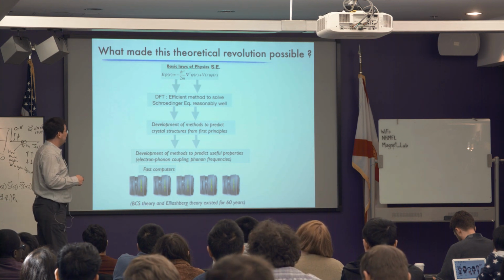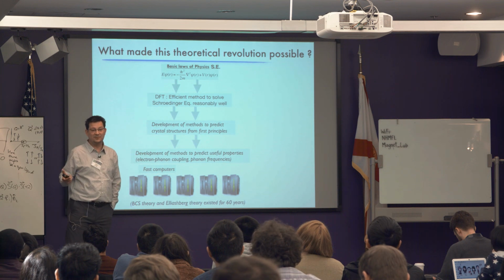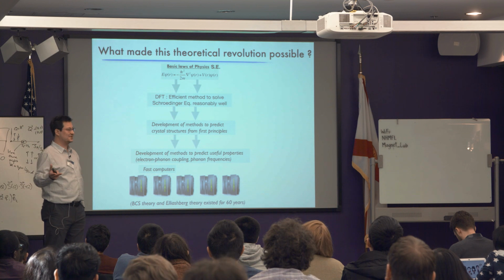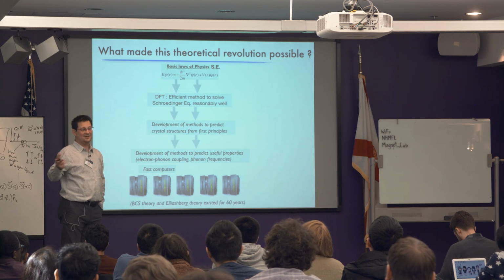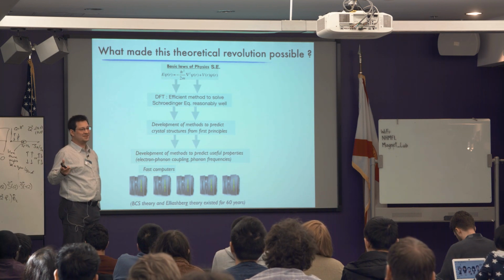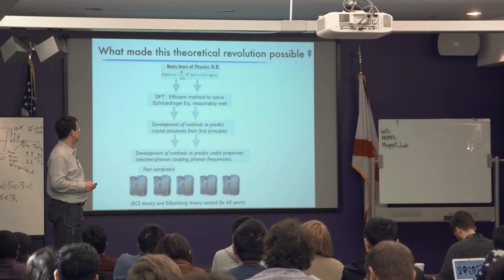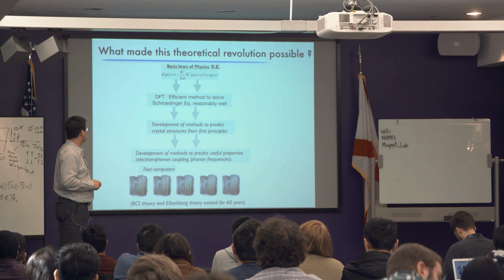Well, the basic law of physics, the Schrödinger equation, is known from the 1920s, isn't it? Dirac famously said that all the laws of physics are now known. The entire quantum chemistry and solid-state physics could be solved if we had a good idea how to solve these equations.